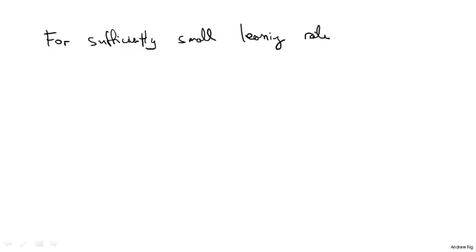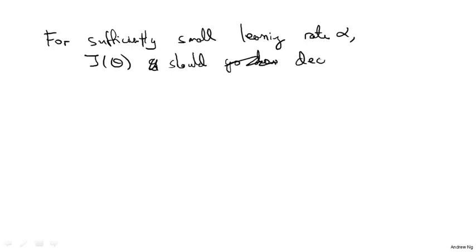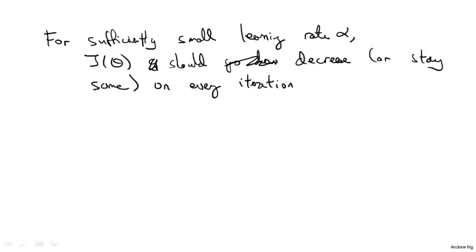For a sufficiently small learning rate, J of theta should decrease or stay the same on every iteration. So if you set alpha to be smaller and smaller and this doesn't happen, then you may have a bug in the implementation.